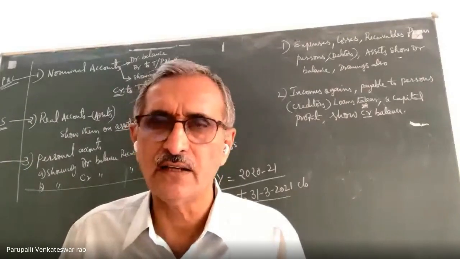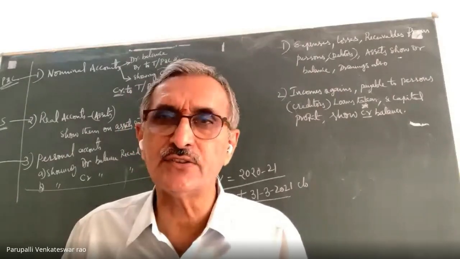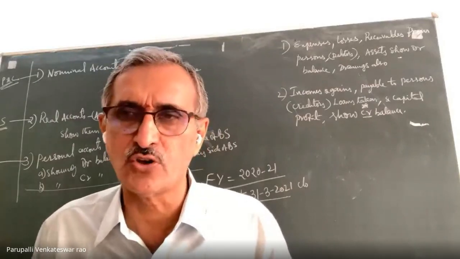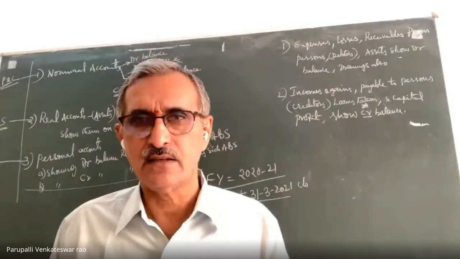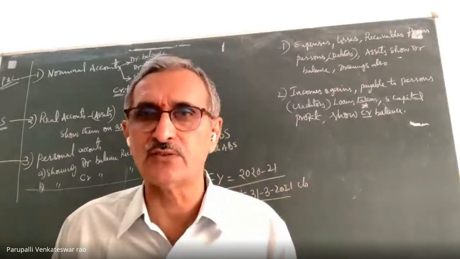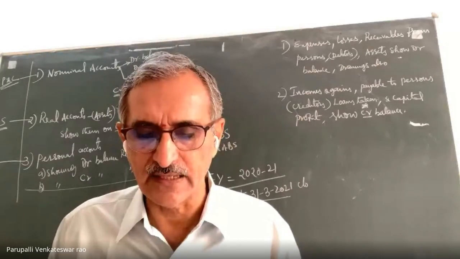Sales shows a credit balance. Sales returns show a debit balance. Sales is an income, showing a credit balance. Sales returns show goods coming into the business, so they are a debit balance. So they are deducted from sales.